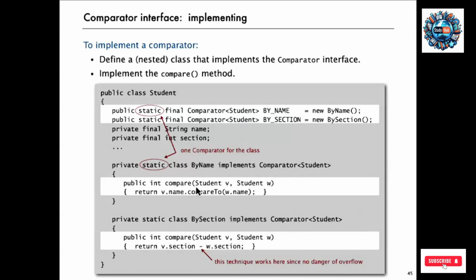And when you compare two students by name, it's going to use the string compareTo method. If you're going to compare two students by section, then it'll return just the difference of the sections, which is minus if less, 0 if equal, and plus if greater. And this code is a straightforward way to implement comparators that you can use as a model if you need to be able to sort data on two different keys.